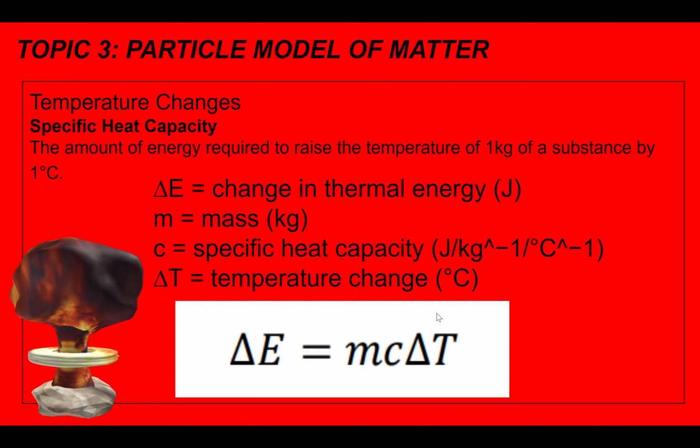So triangle for change and then temperature. Once again, if you want the specific heat capacity, or any of these, you can rearrange.